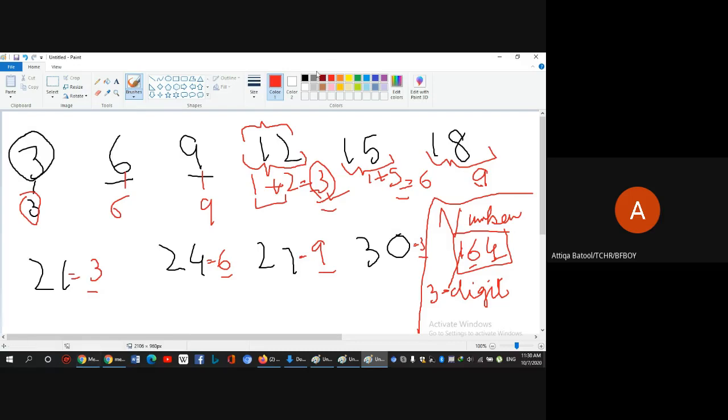Or if you would go with 33 and 36, it would be again 6, and this would be again 9, and so on. So that means the digital root of the multiples of 3 is actually 3, 6, and 9. These are the root numbers with which we can construct all the multiples of 3. I hope everybody is clear.